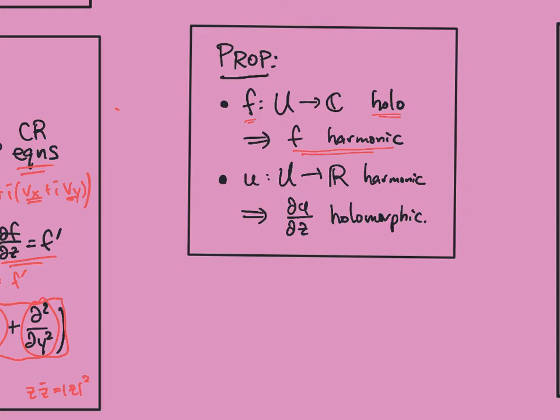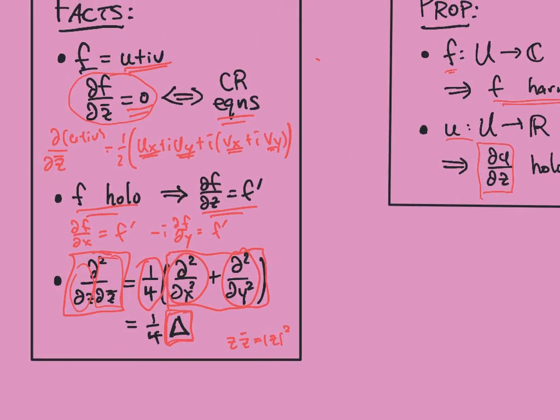On the other hand, if I have a harmonic function, you get that its d/dz derivative is holomorphic, and that's because you can switch the order of the derivatives with respect to x and y.